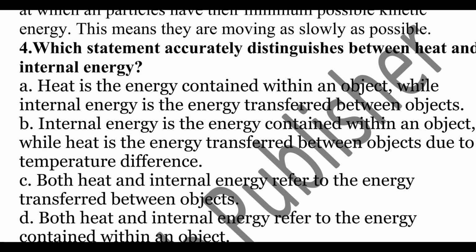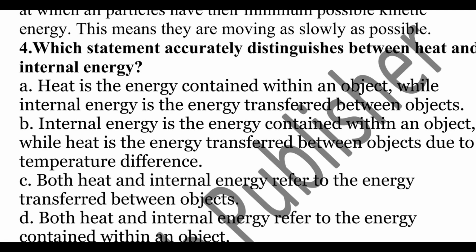Question number 4. Which statement accurately distinguishes between heat and internal energy? Option A. Heat is the energy contained within an object, while internal energy is the energy transferred between objects. Option B. Internal energy is energy contained within an object, while heat is the energy transferred between objects due to temperature difference.